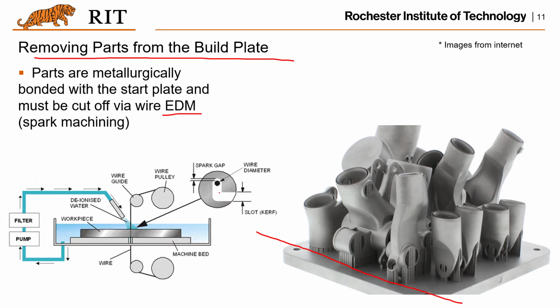If you look at this zoomed view, this is a wire, and a small spark is generated like a blade to cut the material, such that you can cut the part off from the plate.